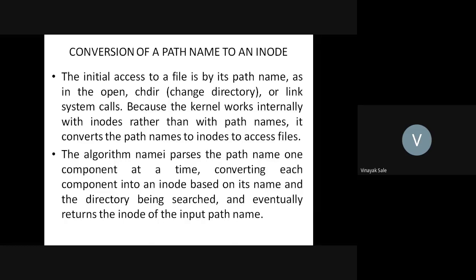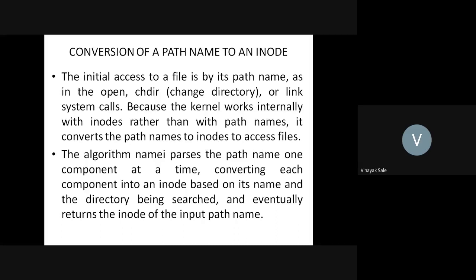So how to convert a path name to an inode? We are going to study conversion of path name to an inode. The initial access to a file is by its path name, as in the open, change directory (chdir), or link system calls, because the kernel works internally with inodes rather than with path names.